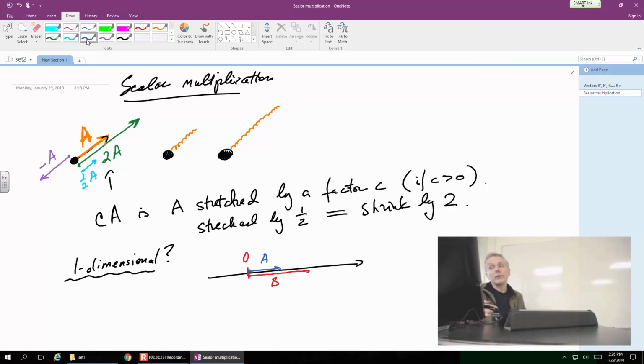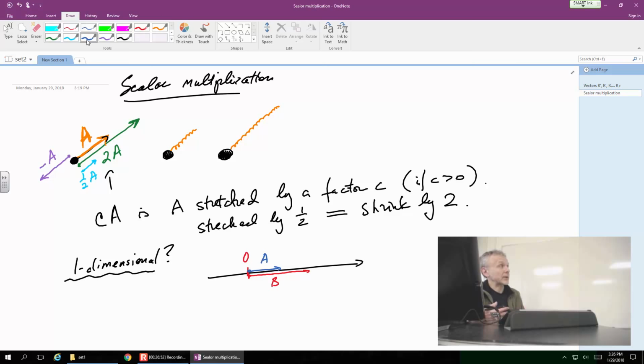This time we have two strings, but they're aligned with each other. They will be pulling, and you add the strength of the pull. Even though they are pointing in the same direction, it doesn't really make any difference. What is important here is what happens to the numbers.